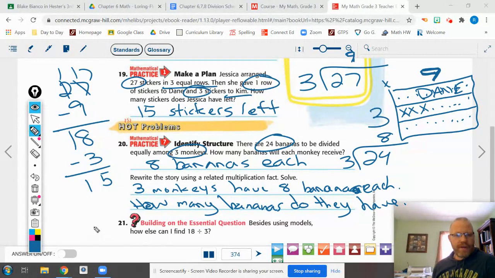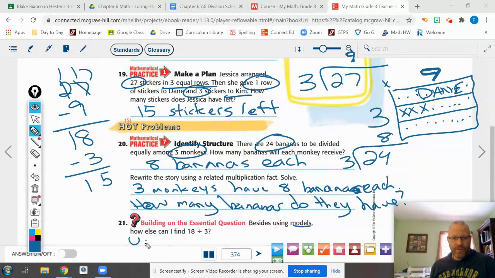And then for the number 21, it says, I would need a question mark here. Besides using models, how else can I find 18 divided by 3? So we're not using models, so no array, no drawing circles, and no using manipulatives. How can you find 18 divided by 3?